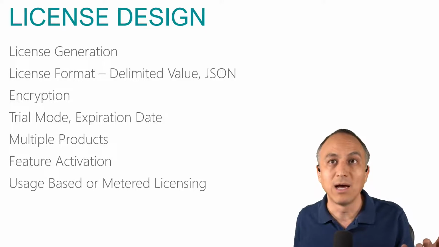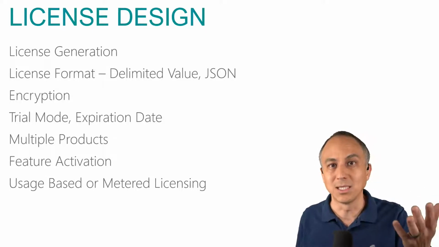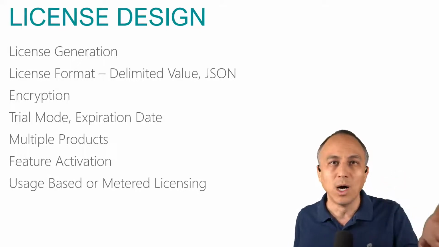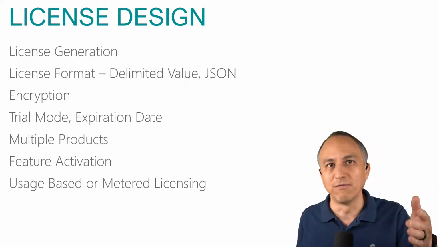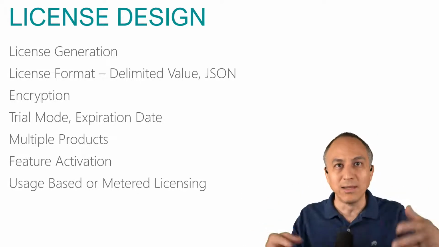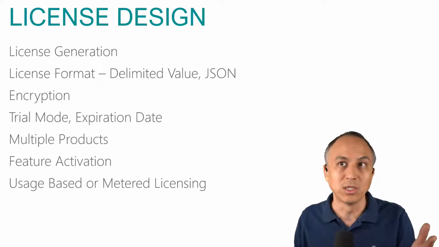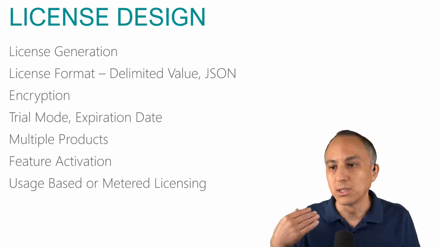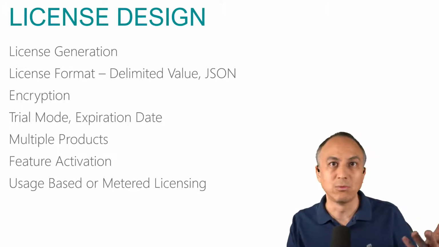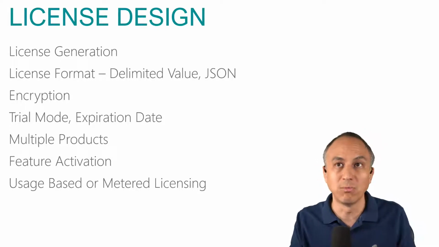And other people may have usage-based licensing. So maybe it supports tiers: 1 to 500 transactions, 500 to 1,000, more than 10,000 transactions, and the customer pays based on their usage. Or maybe it's metered licensing, like, okay, you'll be billed on how many transactions or checks or payments you process a month, and we'll bill you each month for that.